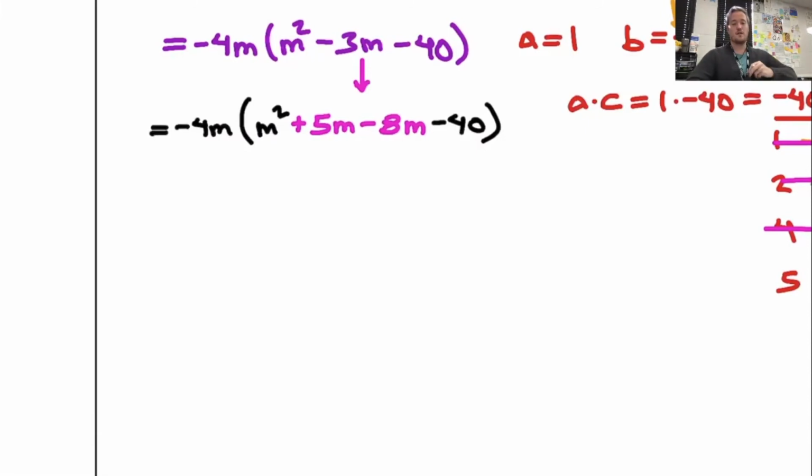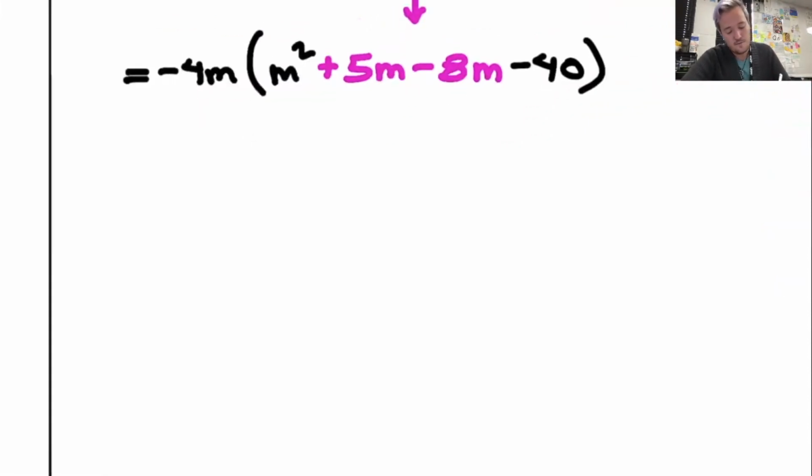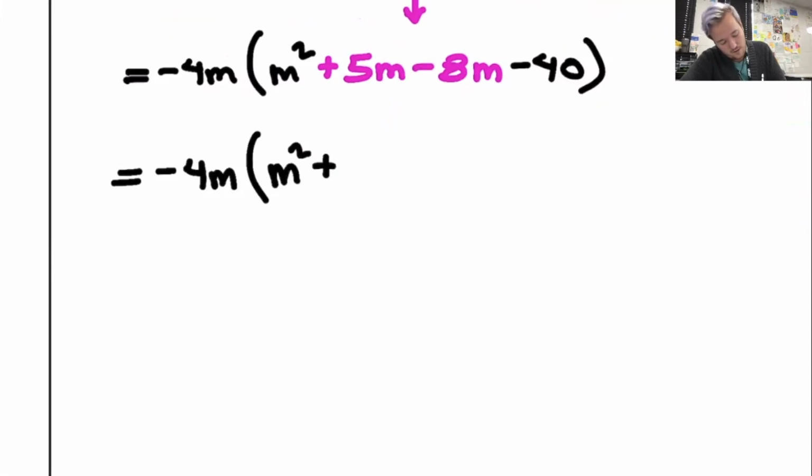So it's the same thing, it's just an extra layer of parentheses, which can get kind of annoying. All right, so I'm still going to write that negative 4m on the outside, but now I want 2 groups of parentheses. So I'm going to group the first 2 terms together and the last 2 terms together.